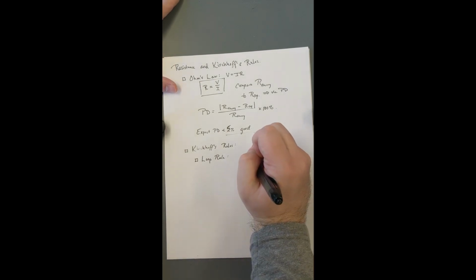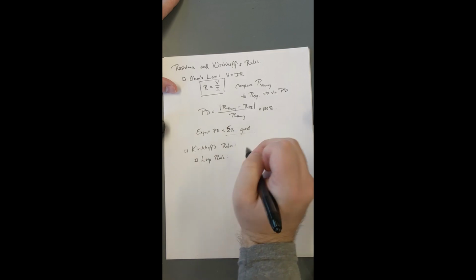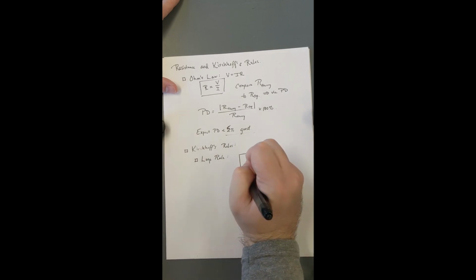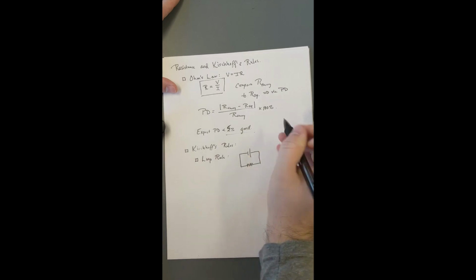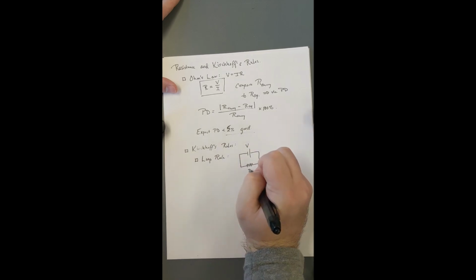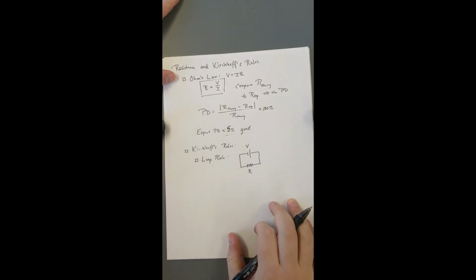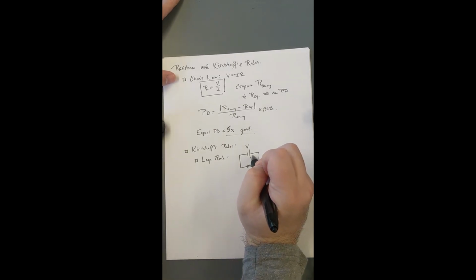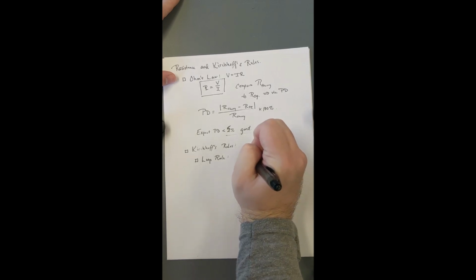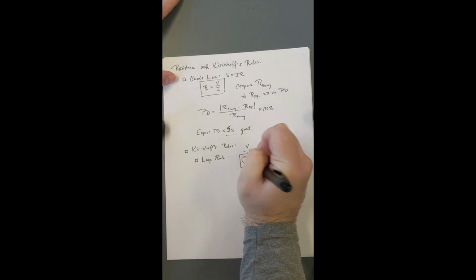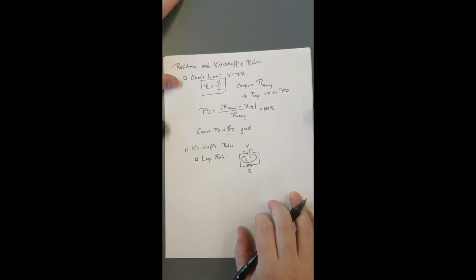So if we have a loop like this, where we have some voltage and some resistance, in this there will be some current that flows in this direction from the positive terminal to the negative terminal in such a fashion like such.